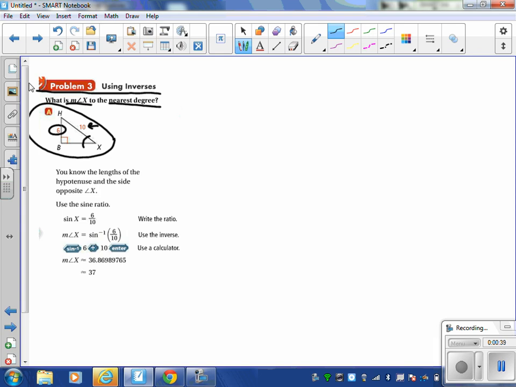Opposite over hypotenuse is my sine ratio. So if I want to find out what angle x is, I need to find the sine of x. So I'm going to take 6 over 10.